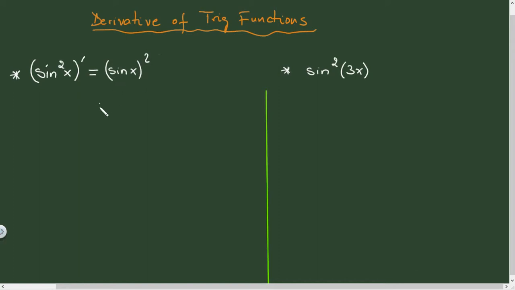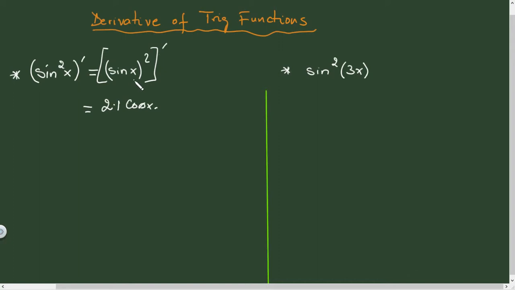First of all, we're taking a derivative here. We put a square bracket, and this will give us the power 2 down in front, times the derivative of sine, which is cosine of x.